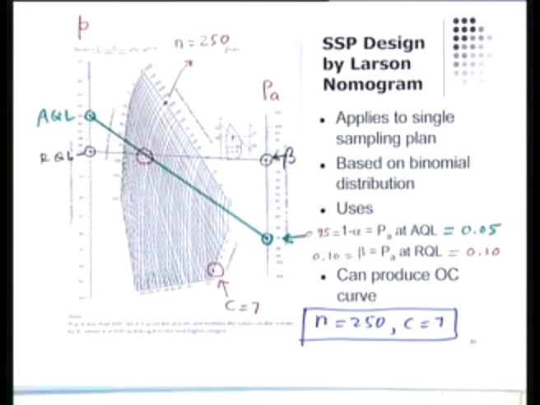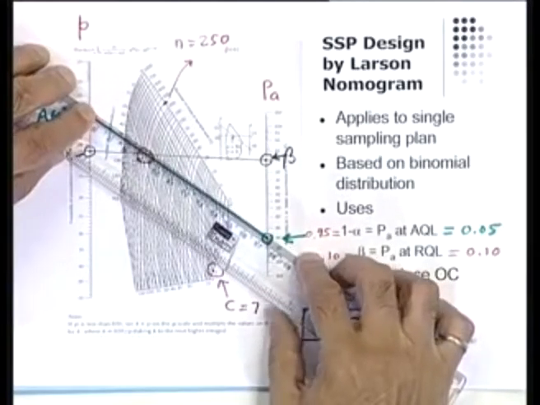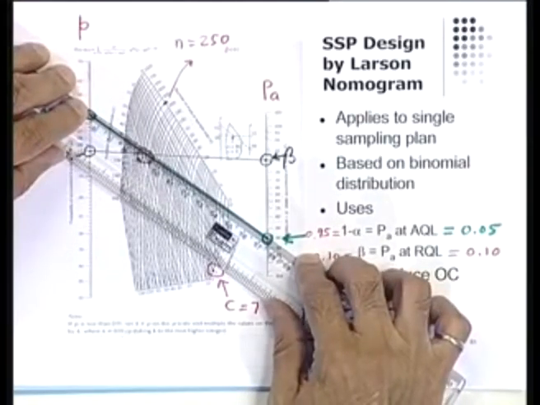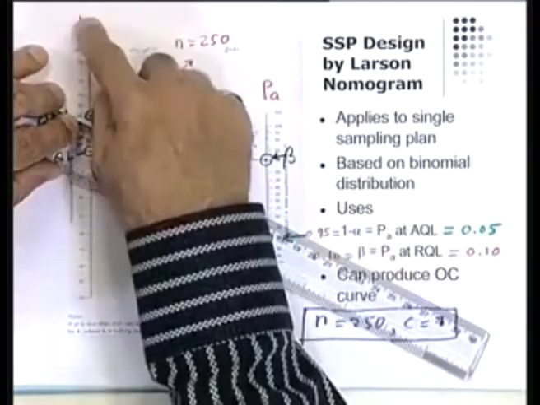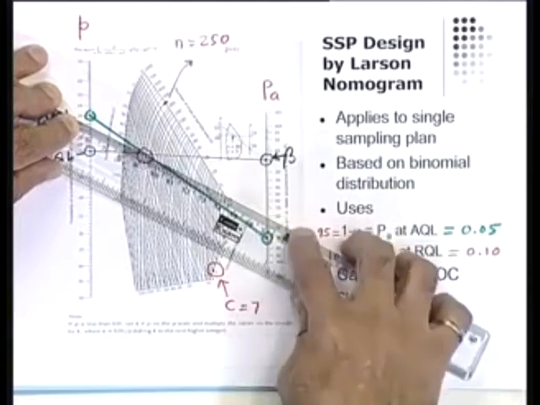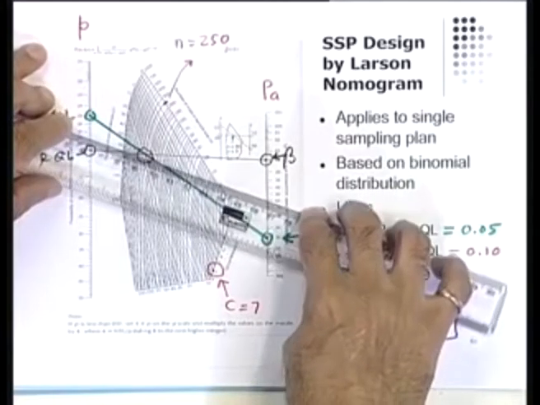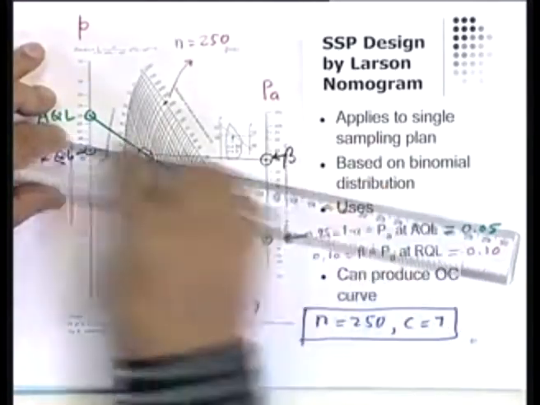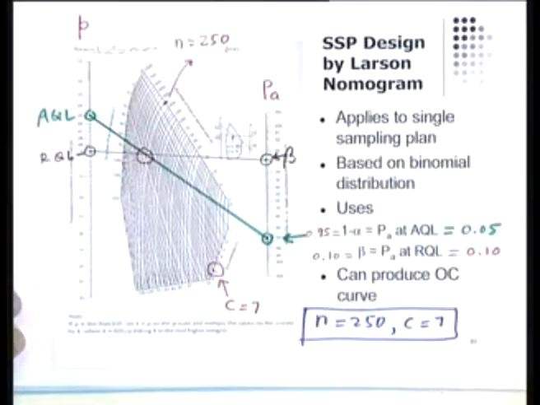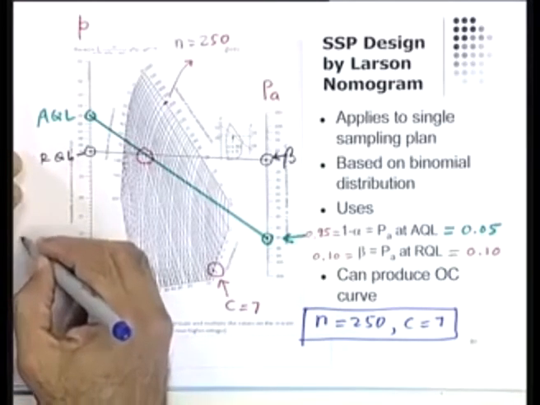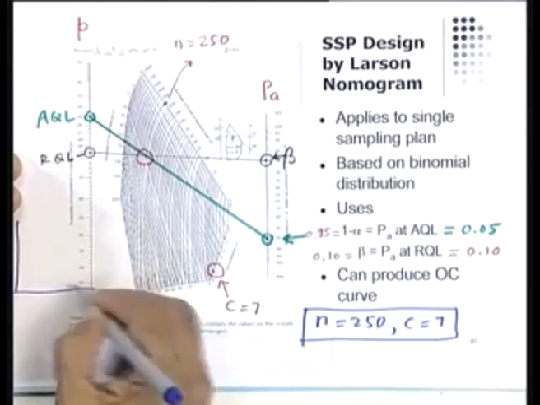And to find the OC curve, all I have to do is put it here and rotate it and keep looking at values of P and the corresponding values of PA. If I keep looking at those pairs of readings, I'll be able to construct my OC curve. The OC curve will look like this.